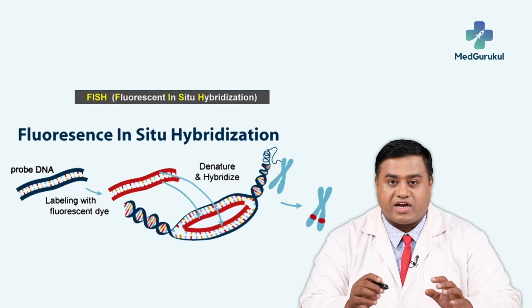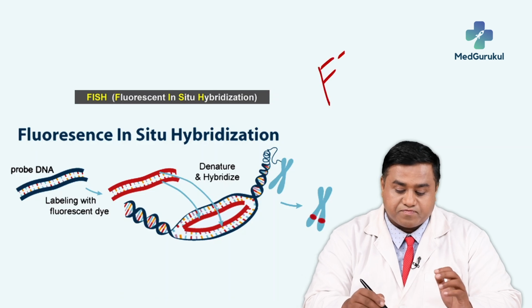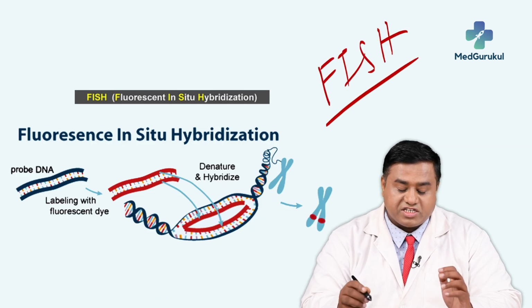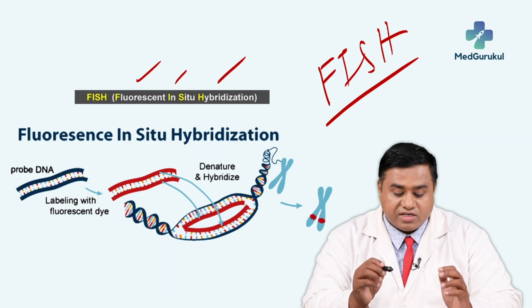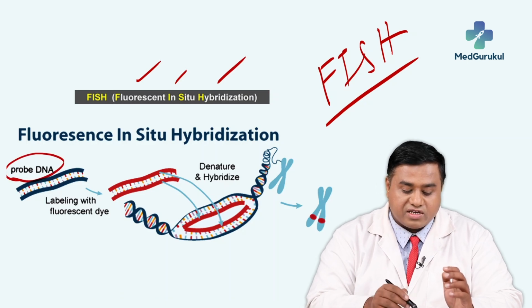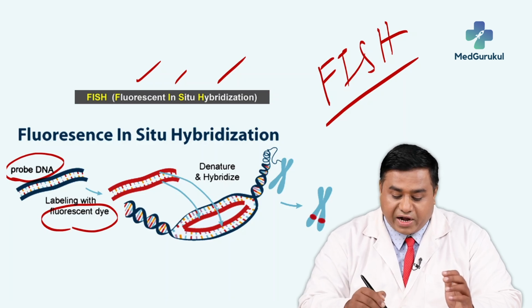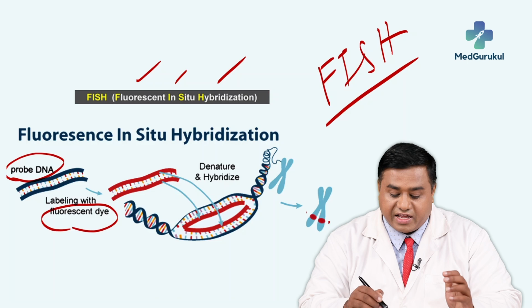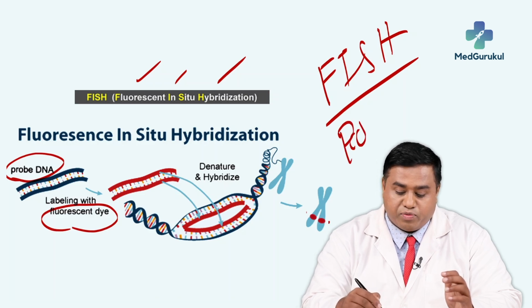The next important technique under molecular biology is FISH. FISH is nothing but fluorescent in situ hybridization. Here the DNA probe is labeled with fluorescent dye, and this fluorescent dye will bind to those segments of DNA which have this probe similarity, complementarity.